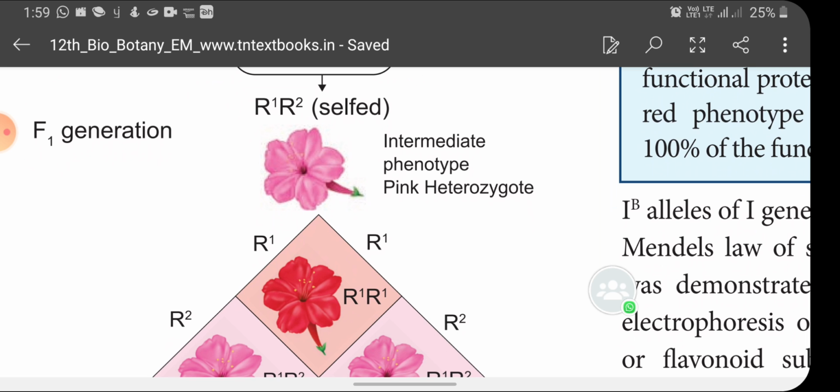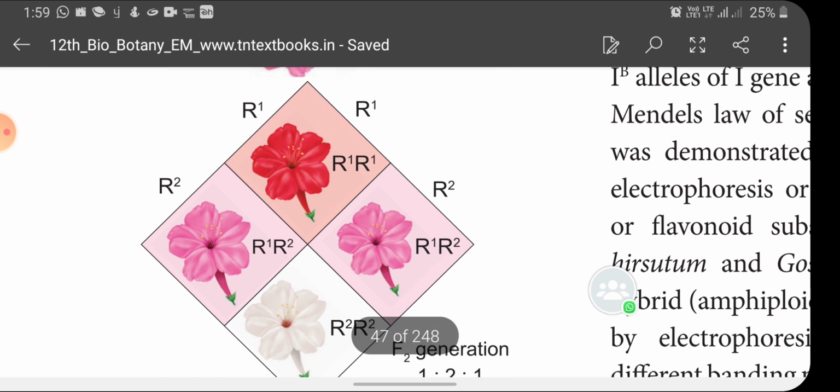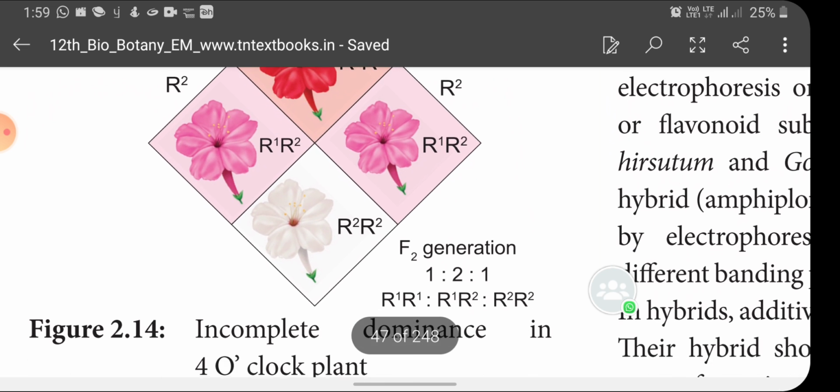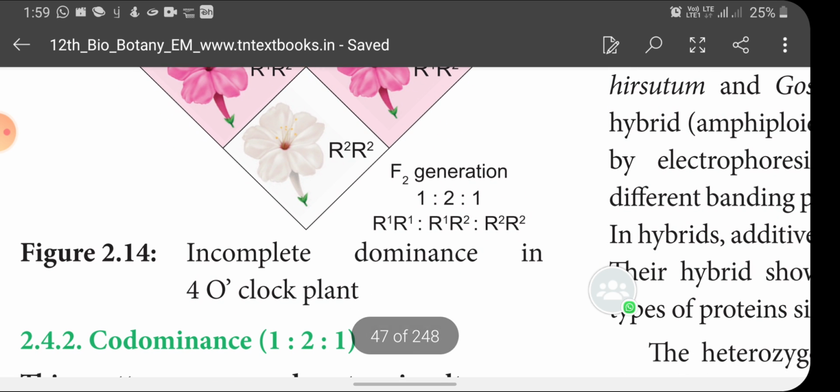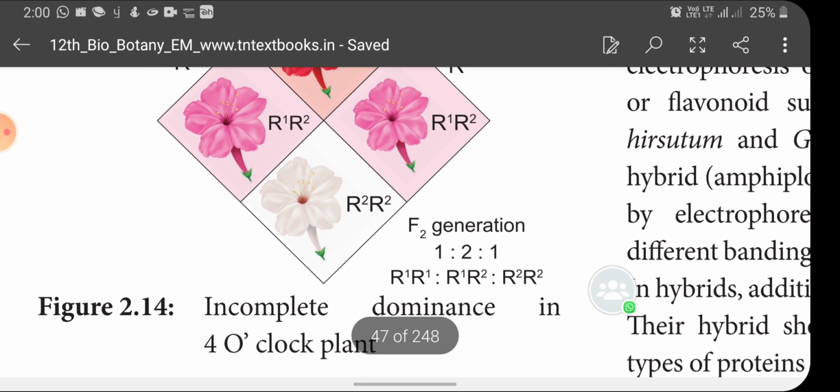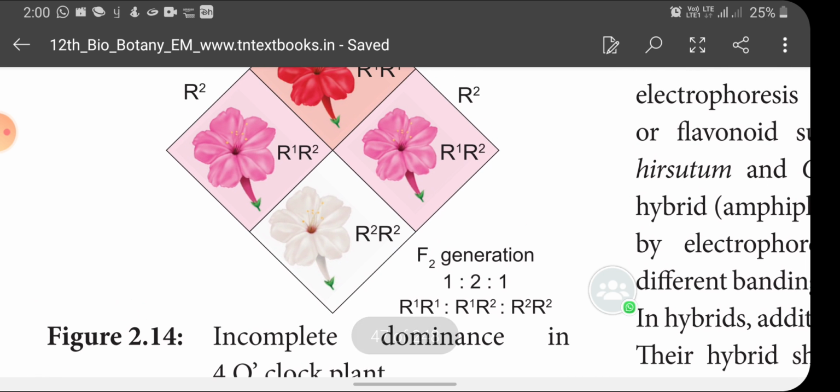When R1R2 is selfed, what will be the result? One red flower, two pink flowers and one white flower, and the genotypic ratio in F2 is 1 R1R1, 2 R1R2 and 1 R2R2. This is the result of incomplete dominance.